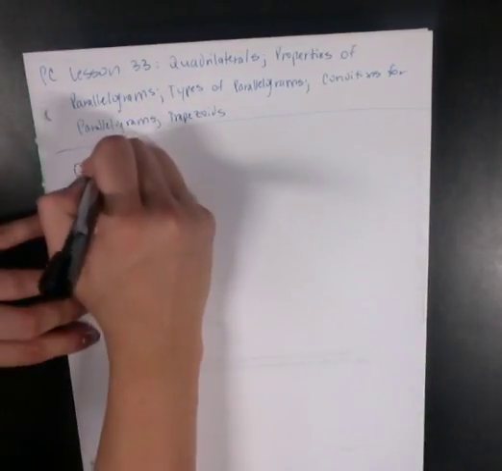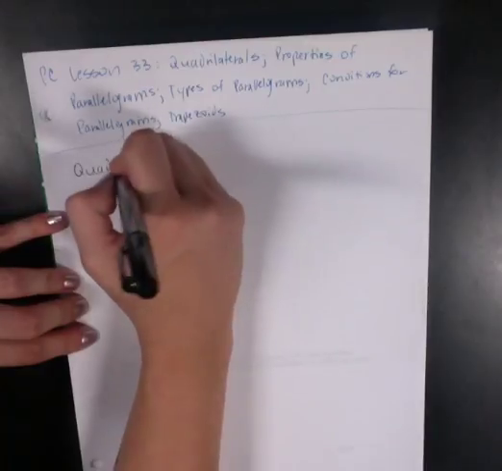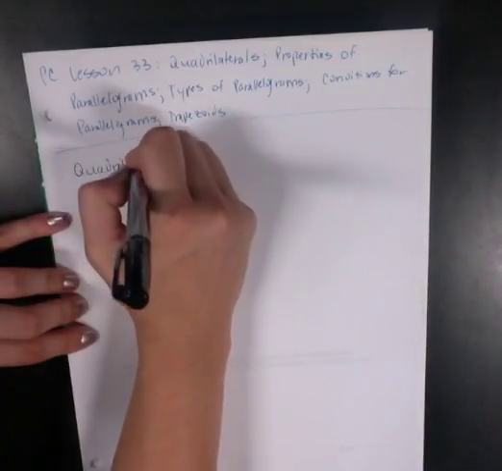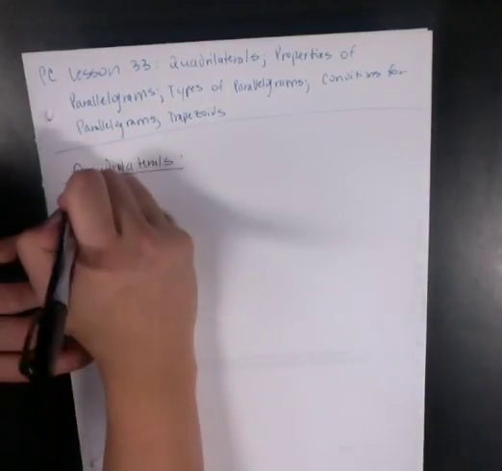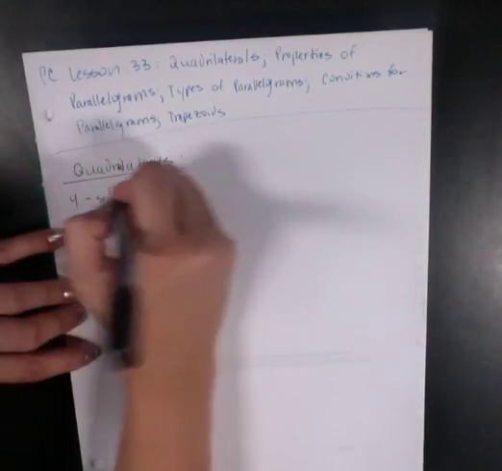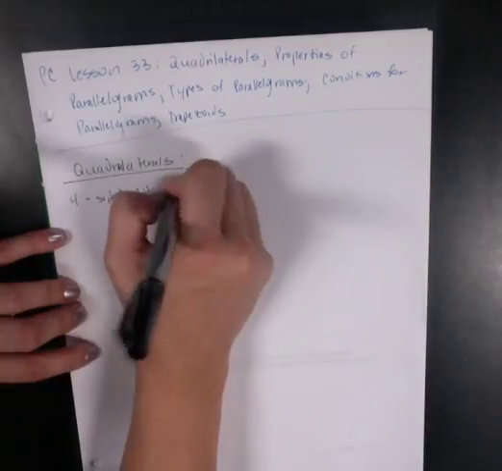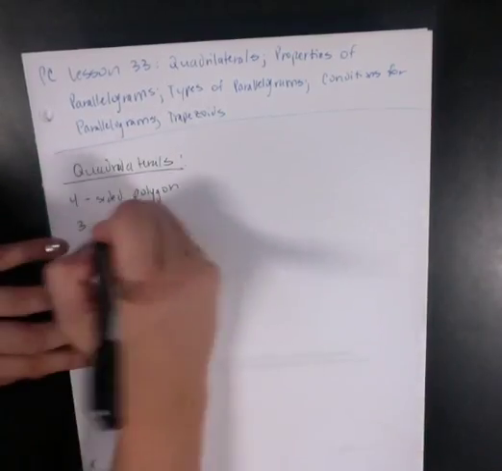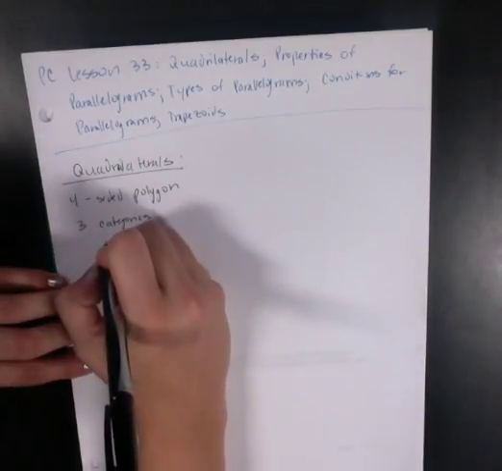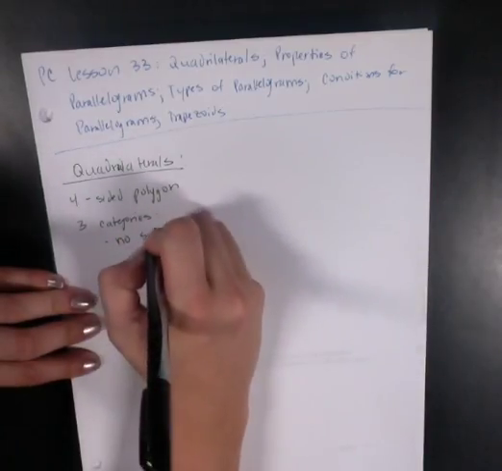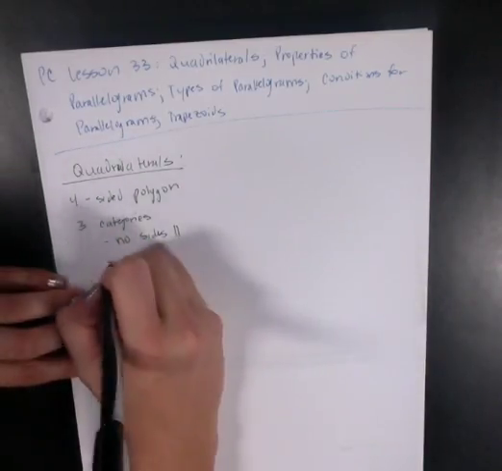So let's talk about quadrilaterals. A quadrilateral is a four-sided polygon, and there are three categories. One where no sides are parallel.